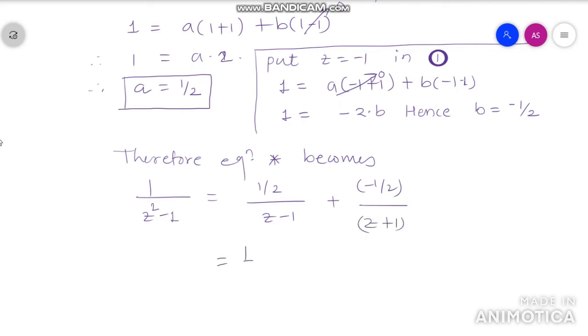That is equal to 1 upon 2 into 1 upon z minus 1 minus 1 upon z plus 1. So 1 upon z square minus 1 is reduced to this type of equation, called equation 2.